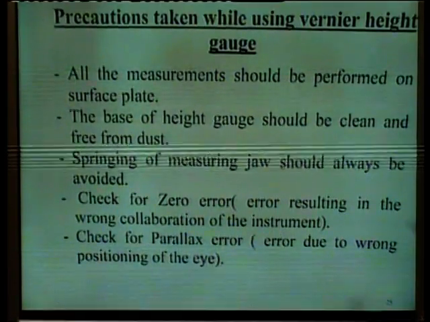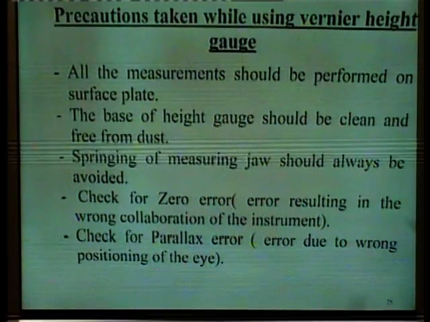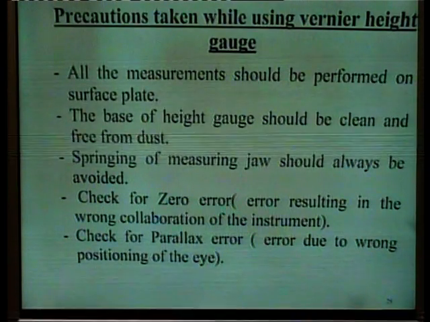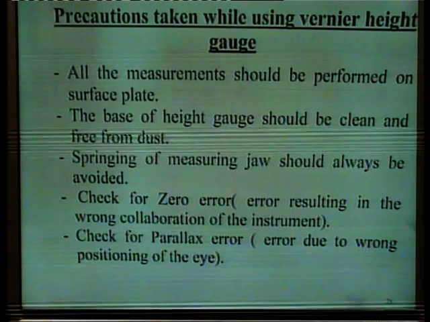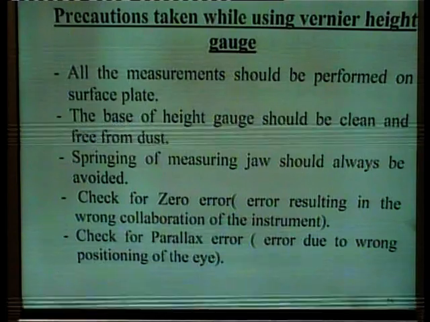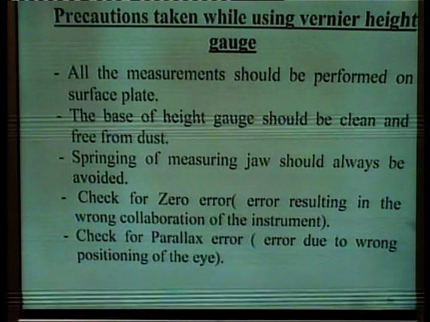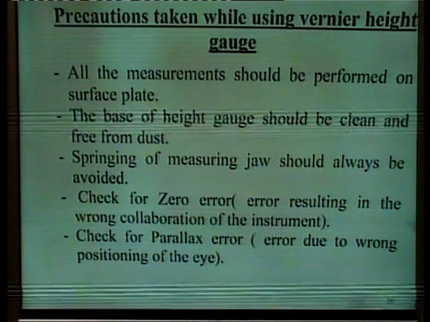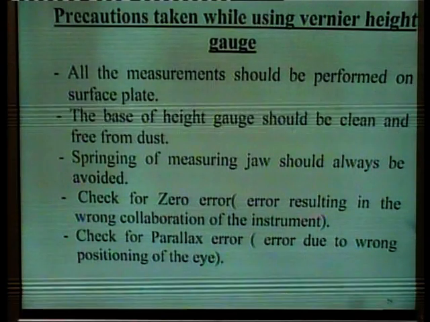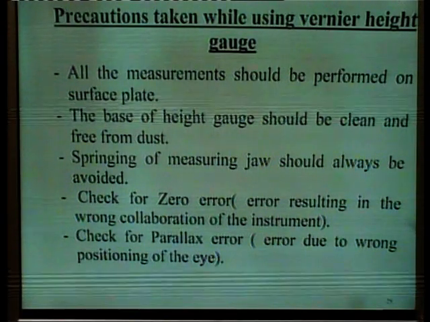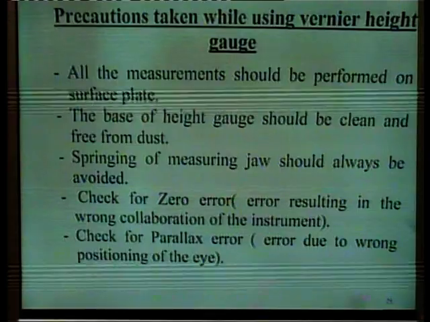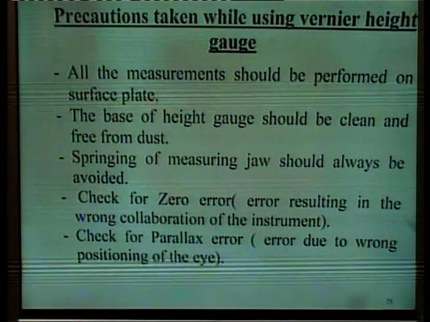Springing of the measuring jaw should always be avoided. Check the zero error, that is, error resulting from wrong calibration of the instrument. Check the parallax error, that is, error due to wrong positioning of the eye, if any.